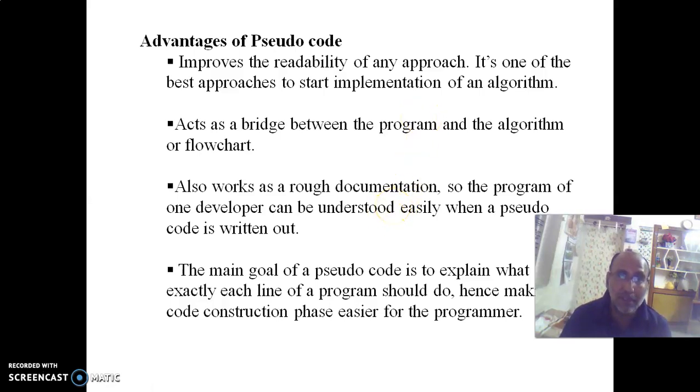It also works as rough documentation, so the programmer or developer can easily understand when a pseudocode is written out. The main goal of pseudocode is to explain what exactly each line of the program should do, hence making the code instruction phase easier for the programmer.